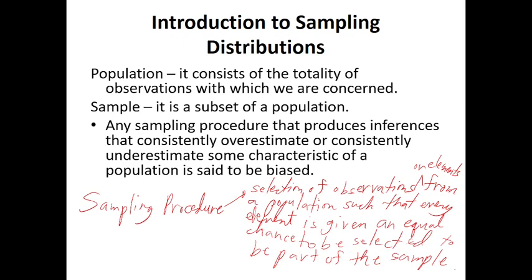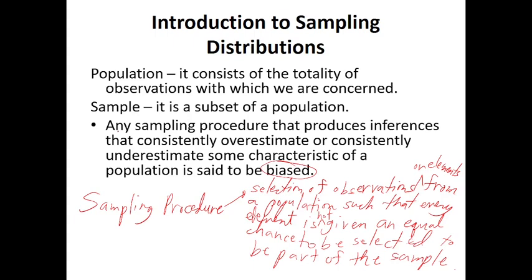So, or the other way around, it could also be selection of observations or elements from a population such that every element is not given an equal chance to be selected to be part of the sample. If that's the case, the sampling procedure is said to be biased.